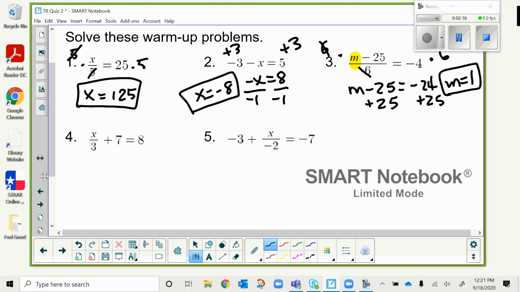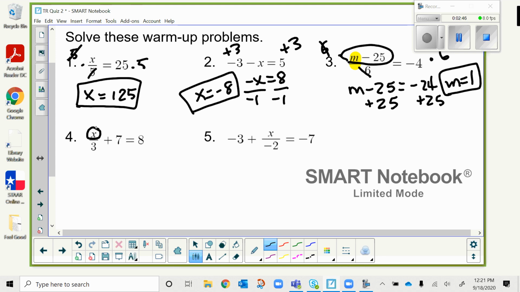On number 4, you have x divided by 3, and then plus 7. In this case, you don't want to do the division part first. The difference is that the 7 is completely separate from the fraction. In number 3, what was different was that this whole thing was over 6. But in number 4, it's just this thing over 3.